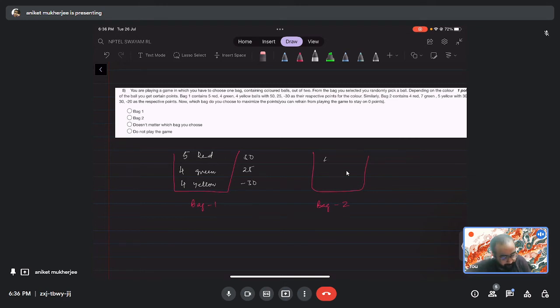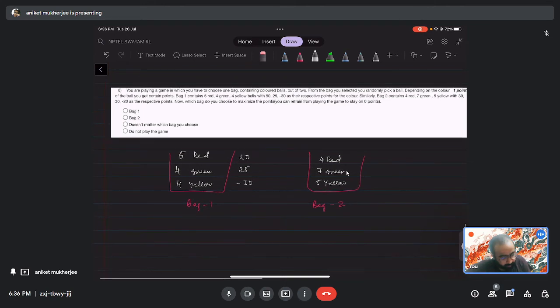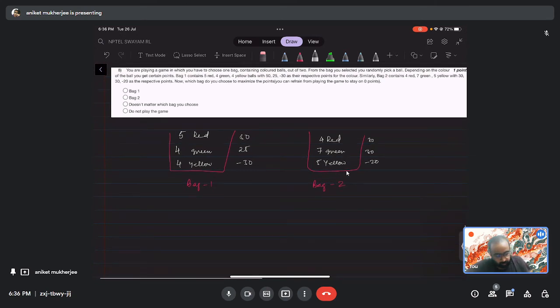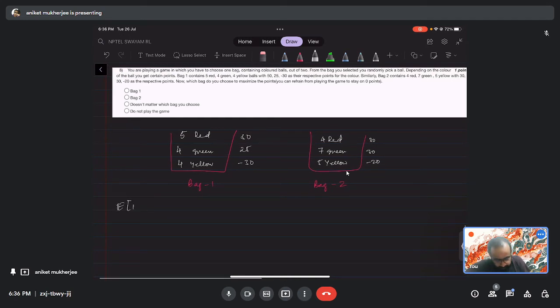In the second one I have 4 red, 7 green and 5 yellow with points 30, 30 and minus 20. So let's calculate the expected number of points that you can get from bag 1.